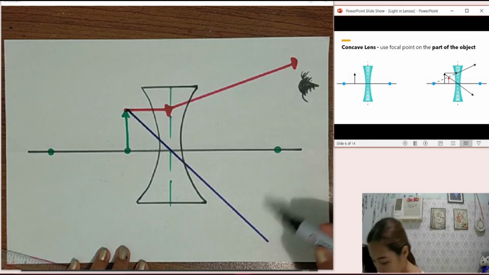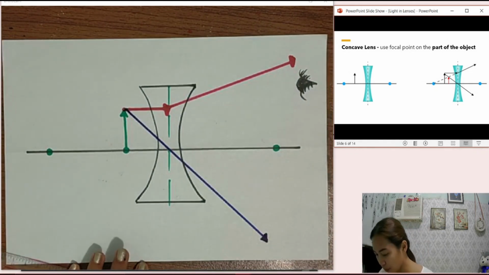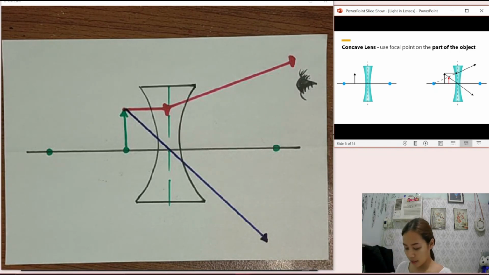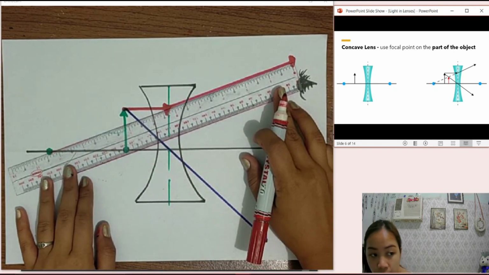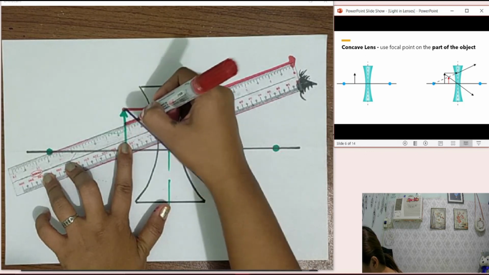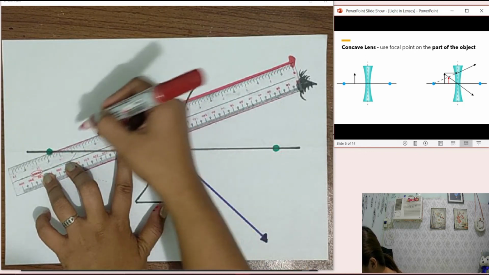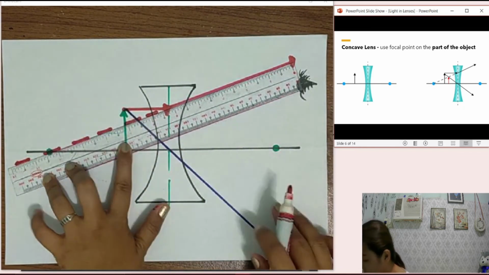Okay, so here it is. It goes straight through. Now, where do they converge? They don't converge, right? Therefore, we are going to extend our refracted rays. Next, extend. So, here it is. And extend. Okay.